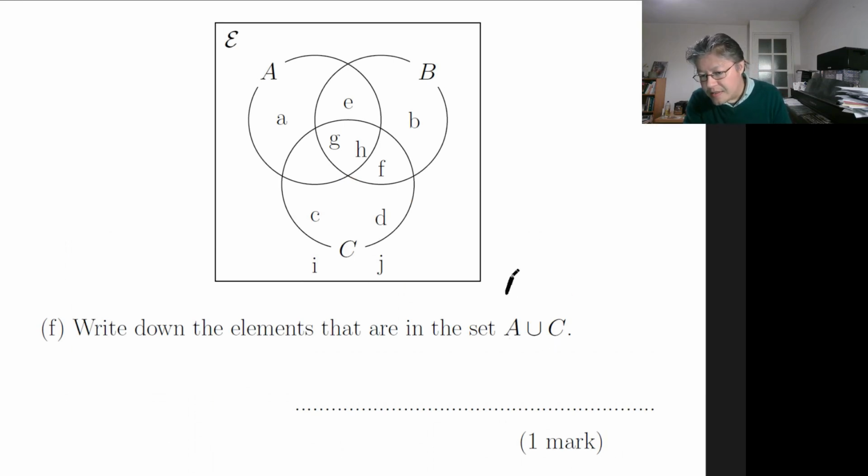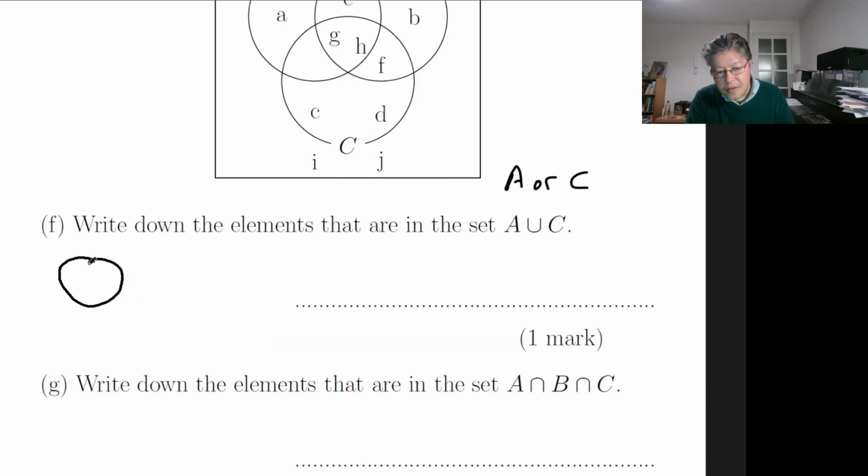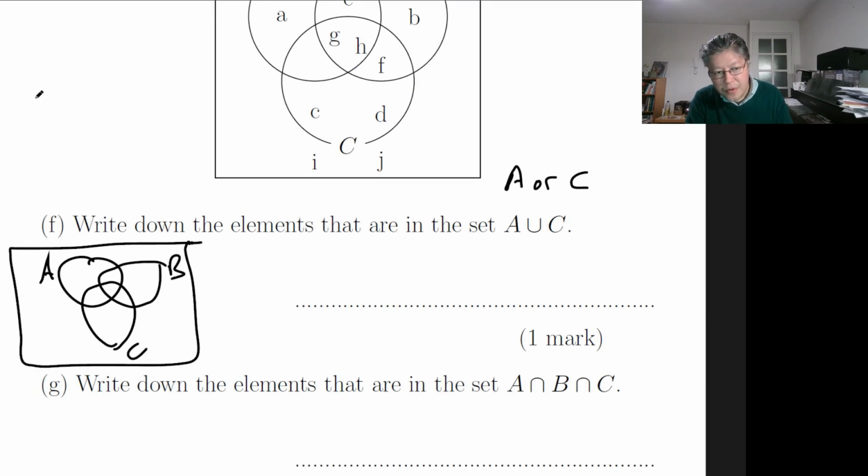Okay, part F, we now have A union C. Remember, this is also A or C. This is the bits in A, in C and also any overlaps. In terms of triple Venn diagrams, there's A, B and C. Now let's just do what the double Venn would have looked like. Here's the double Venn, if I do it in the same positions as the original.